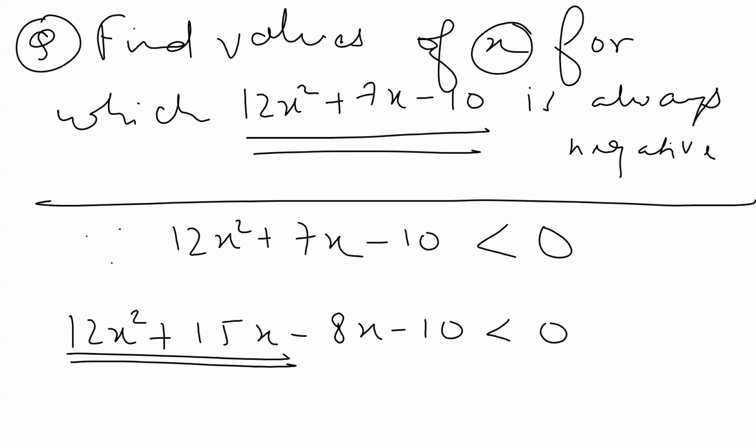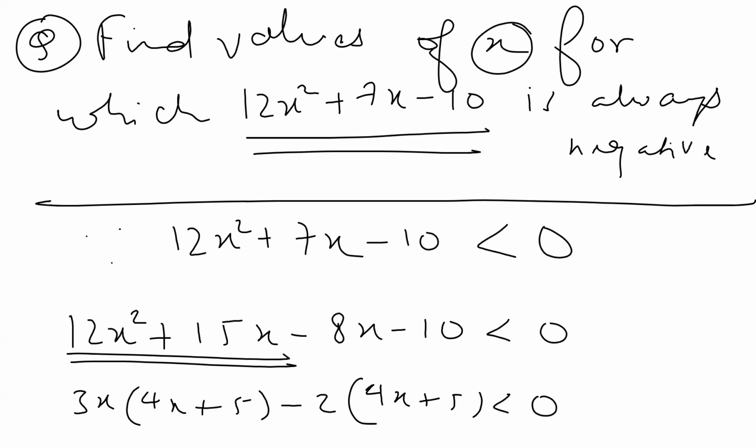What is common over here? 3x is common. So 3x (4x plus 5) minus 2 (4x plus 5) less than 0.